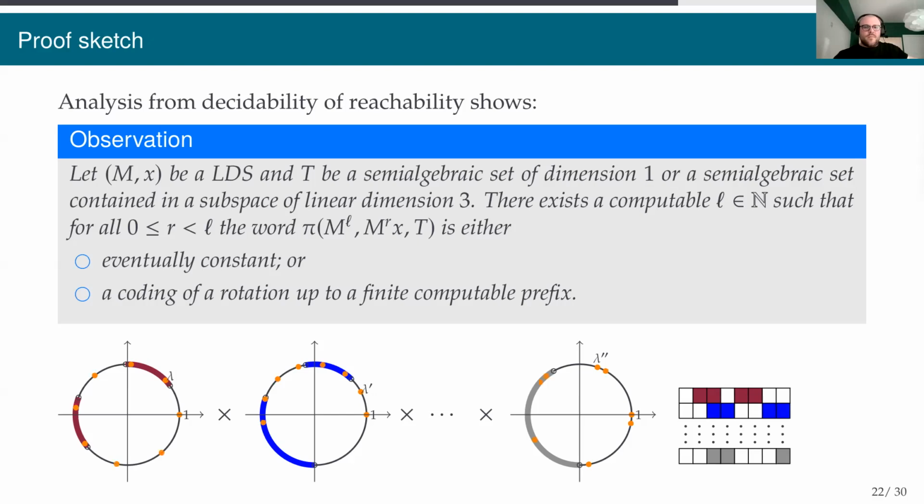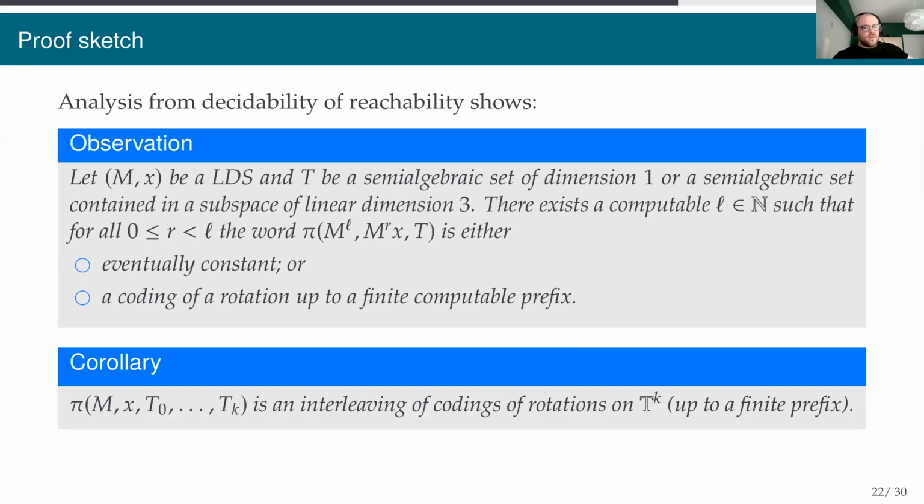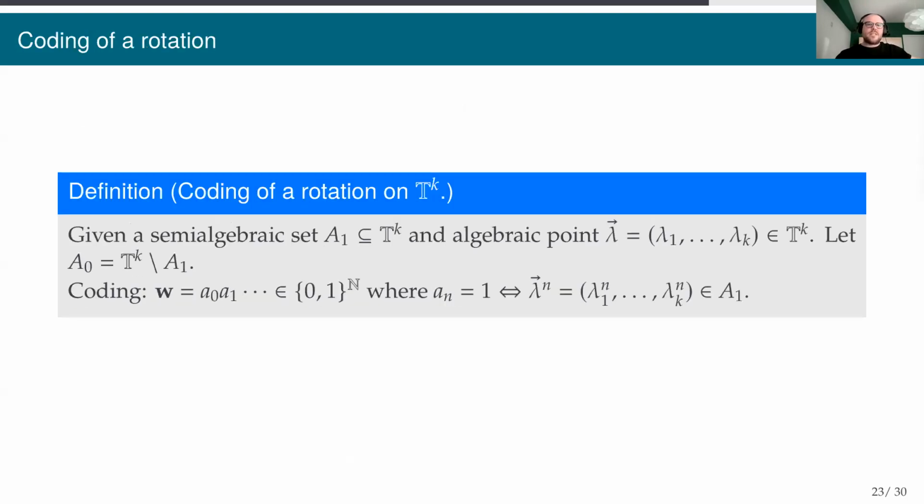And this is exactly saying that your characteristic word is actually an interleaving of codings of rotations on the k-dimensional torus, up to finite prefix. Okay, and what is this coding of a rotation on the torus? You have your semi-algebraic set A1 on the torus and an algebraic point.